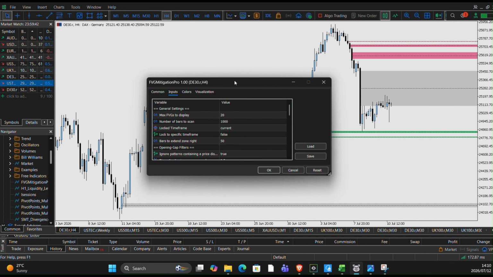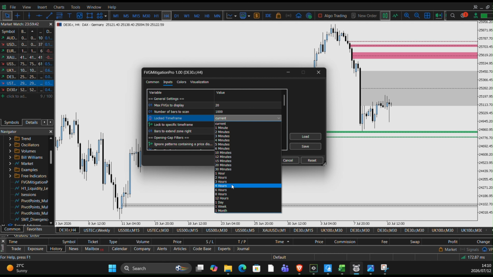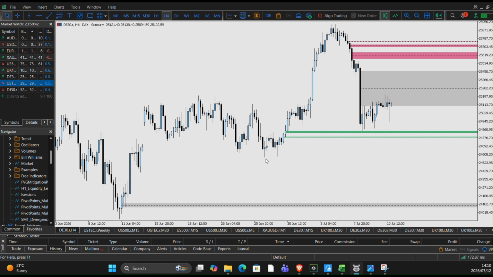Originally it was on current and false, but now, for example, you want to see the 4 hour time frame fair value gaps on all the other time frames. So lock it specifically to 4 hours. You put it on 4 hours and you keep that as true. Press OK. As you can see, because we're still in the 4 hour, nothing has changed.